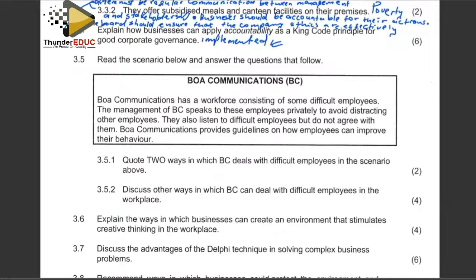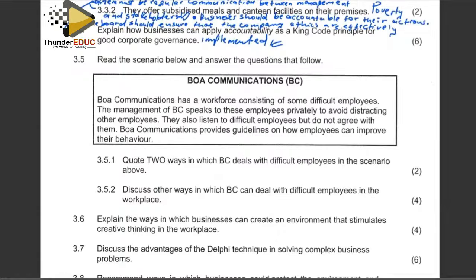So now the management of BC speaks to these employees privately to avoid distracting other employees. They also listen to difficult employees but do not agree with them. BOA Communications provides guidelines on how employees can improve their behavior.